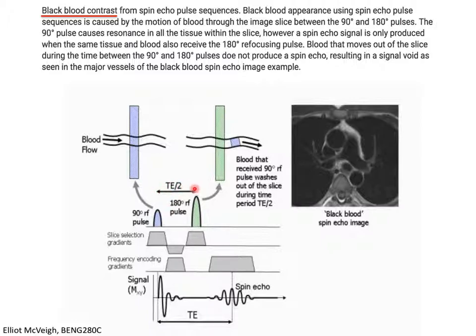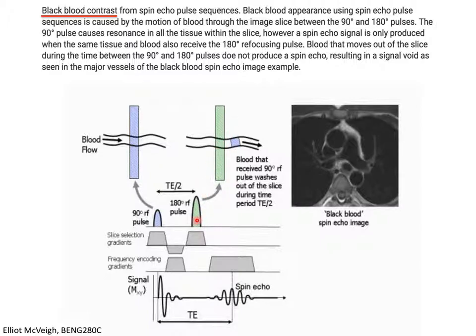By the time we apply the 180-degree pulse in this plane, those spins have moved out because they're flowing. These are brand new magnetization vectors that have come down the vessel, and all they have seen is a 180-degree pulse.